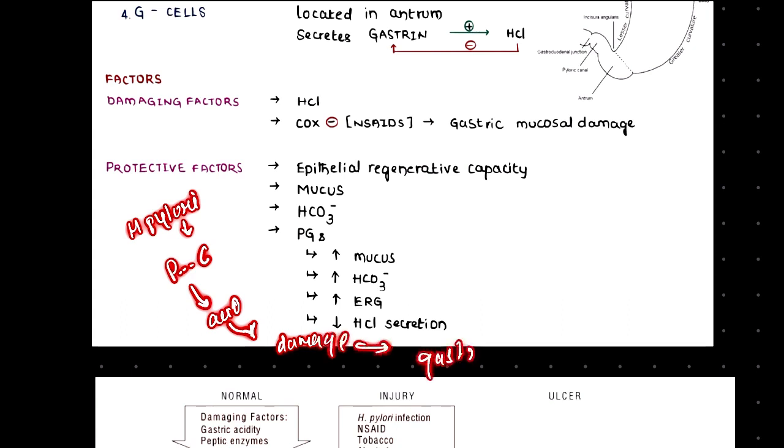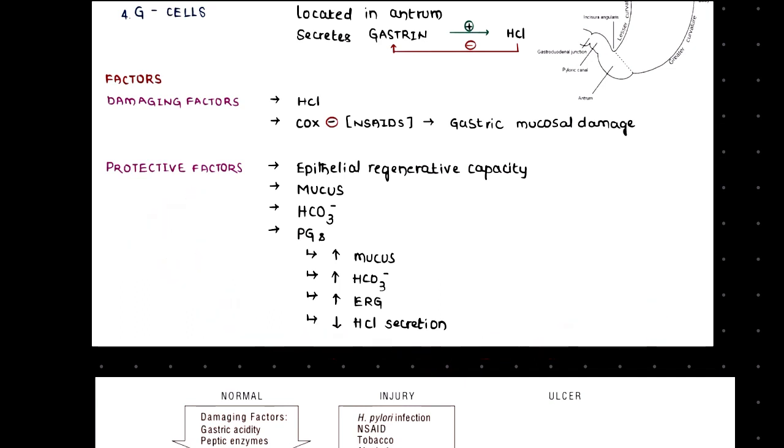As the acid is produced in enormous quantity, it acts against the gastric epithelial cells, and that will eventually cause gastric inflammation.